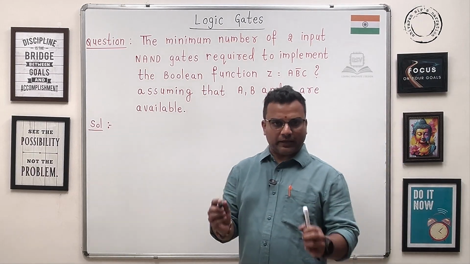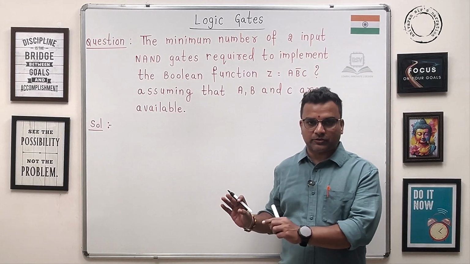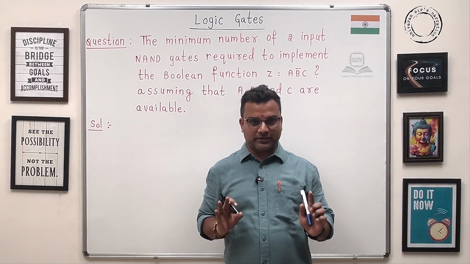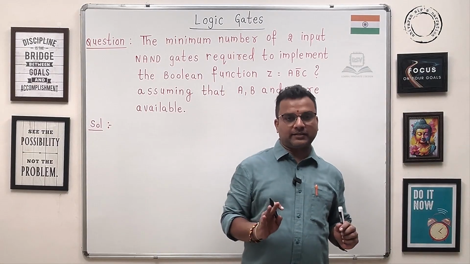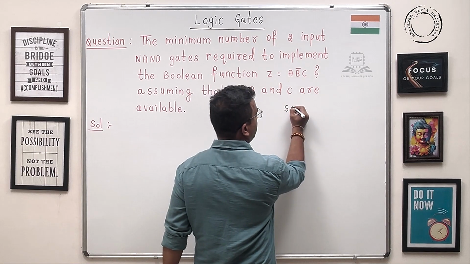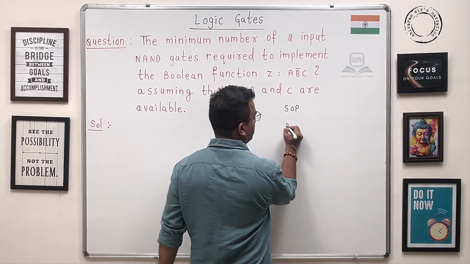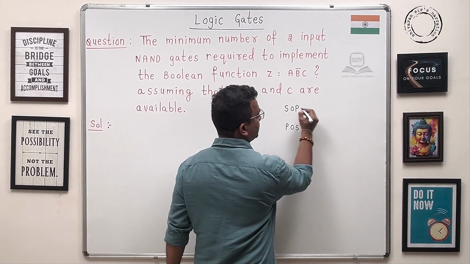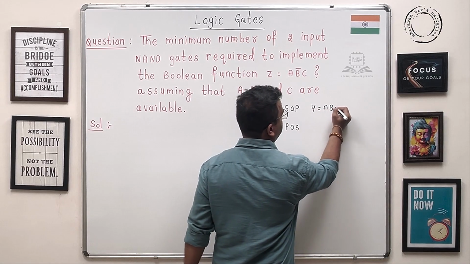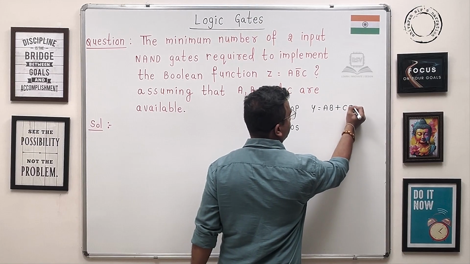Guys, before taking this question, you need some foundation. What is that? Usually the expressions could be either SOP or POS. Let's consider SOP, the expression y is equal to AB plus CD.